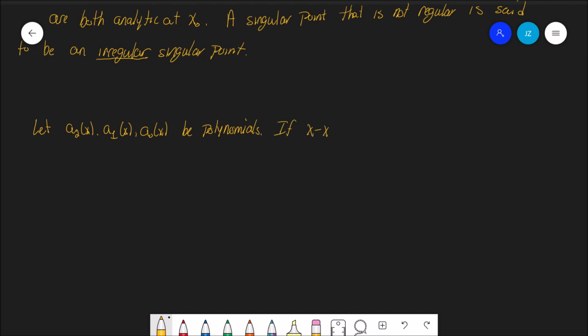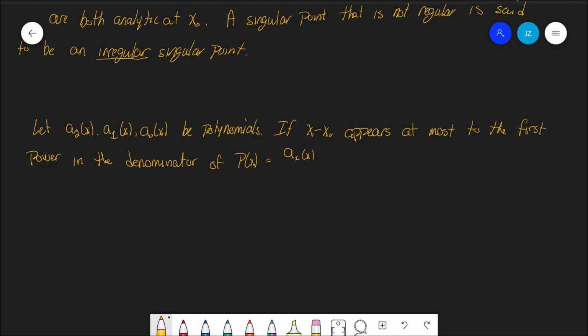If x minus x0 appears at most to the first power in the denominator of big P of x, which is a1 of x divided by a2 of x.